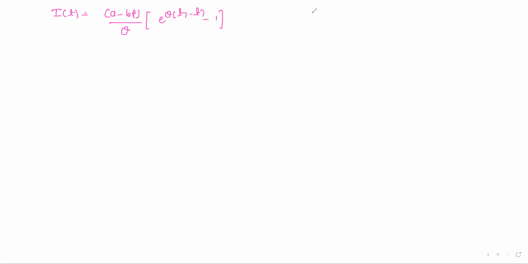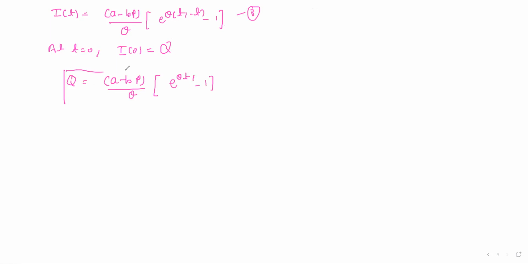So when we apply the first boundary condition that at t equals 0, I(0) is Q, it will come Q equals (a minus bp) upon theta, e to the power theta t1 minus 1. So this is the order quantity.